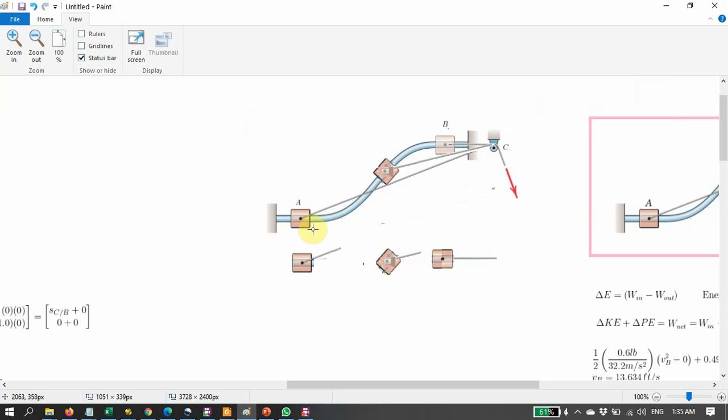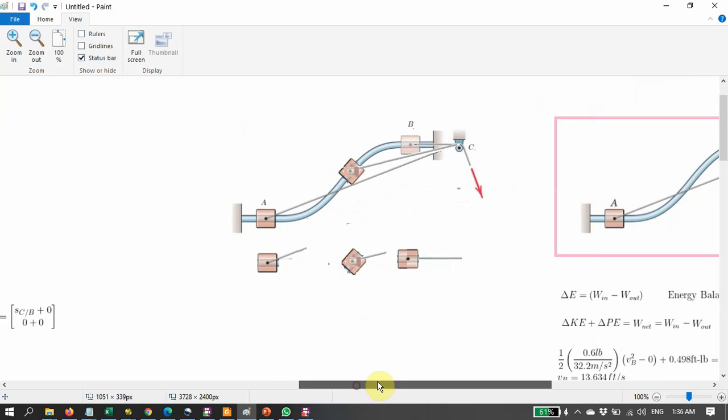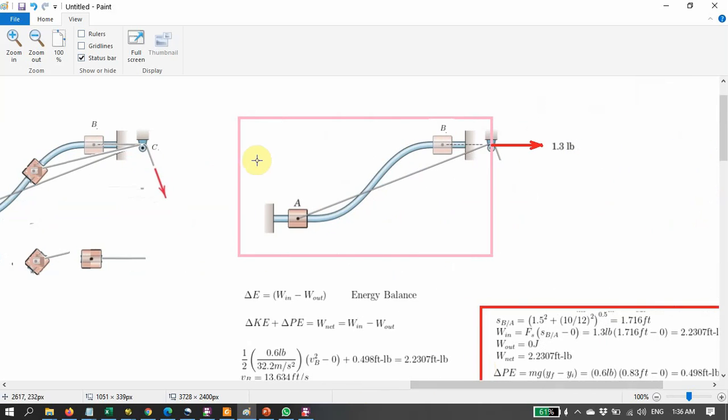So in order to evaluate the dot product of F and the distance traveled to determine the instantaneous work, it can be very difficult using a free body diagram. So we are using an active force diagram, and the boundary stops at C, right?